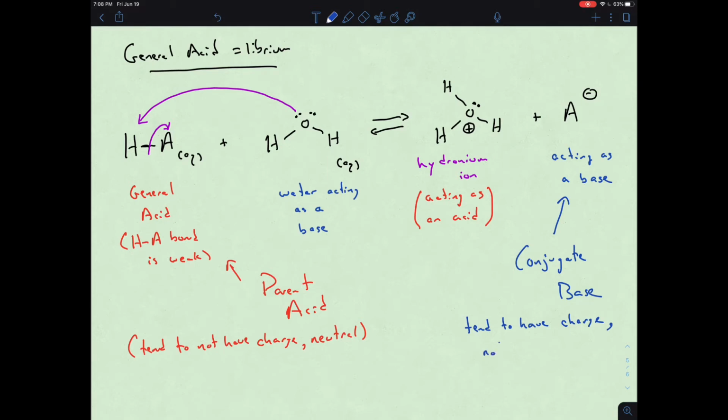Right, they're not neutral. So that's one way to recognize it. And they're tied to one another. Part of the molecule is A minus. So we start with the parent, the uncharged form. Really, the chemistry that likes to happen with the molecule is on that parent side. And then we have the conjugate base on the other.